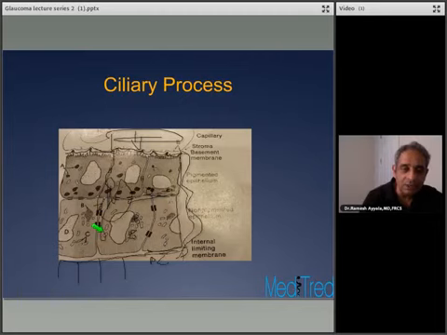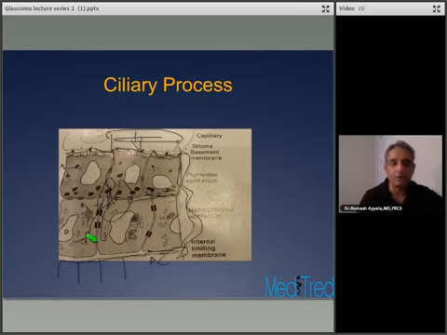And it's assumed that within the non-pigmented cells, the active presence of mitochondria and the endoplasmic reticulum indicates that there's some active addition and subtraction of molecules taking place here, following which there is active secretion of aqueous, or it could be just diffusion of aqueous into the posterior chamber.